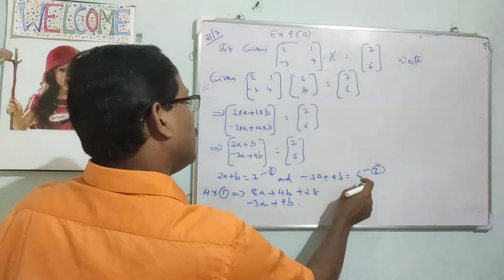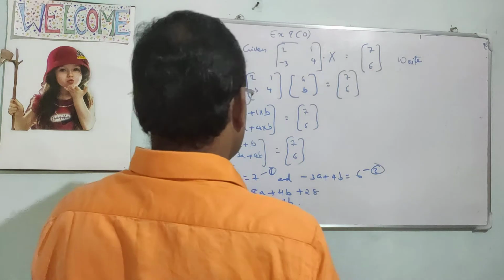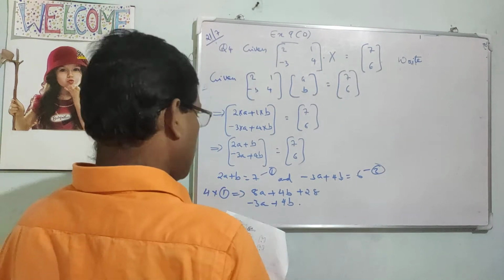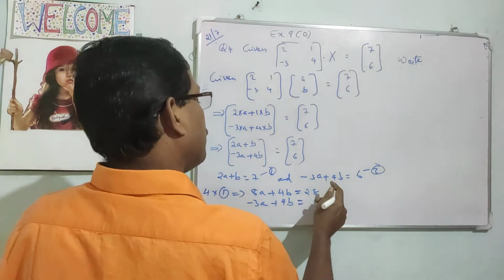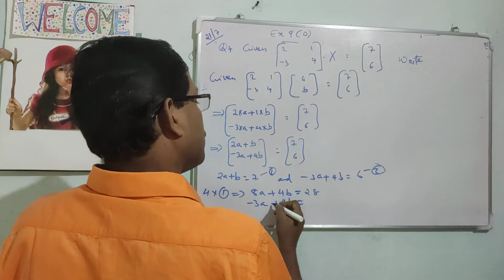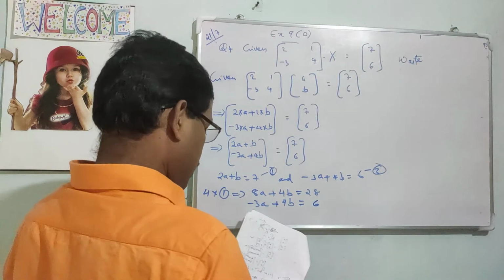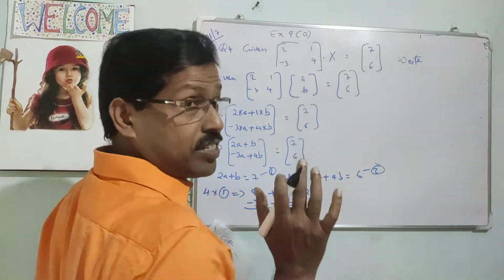Then 8A plus 4B is equal to 28, and minus 3A plus 4B is equal to 6. Then what do you do? Subtract.